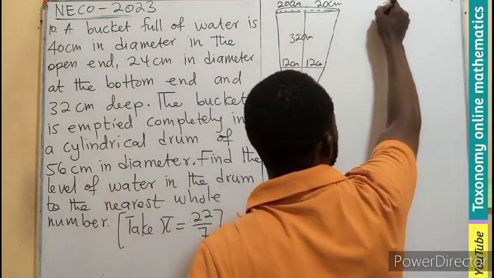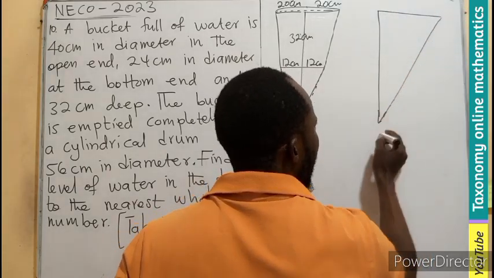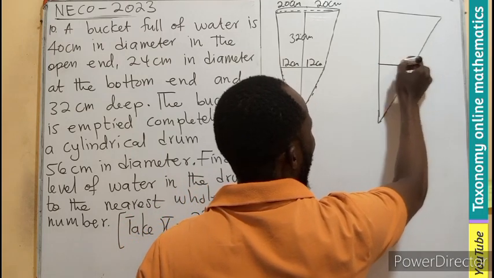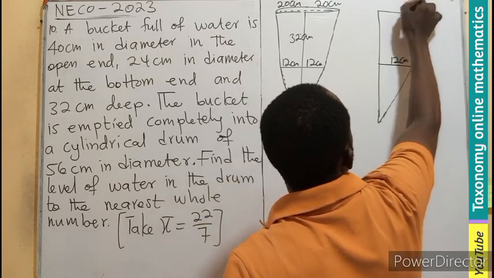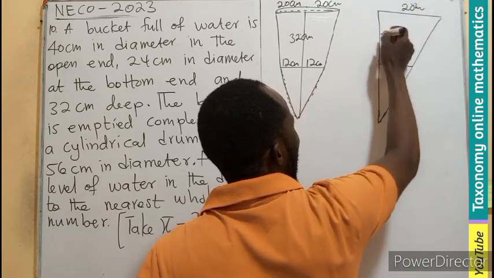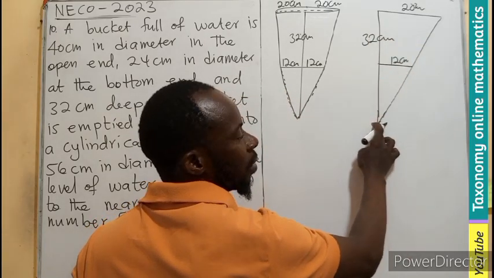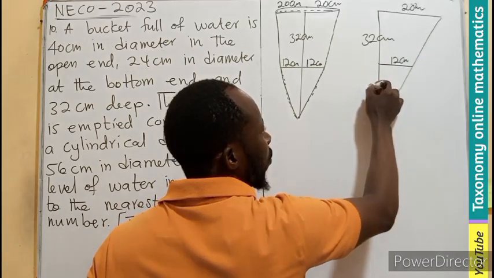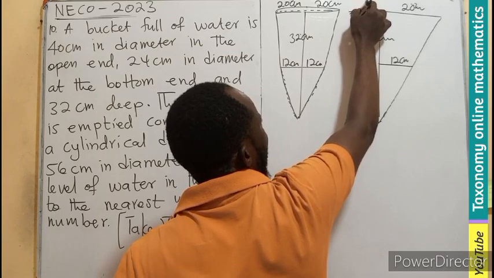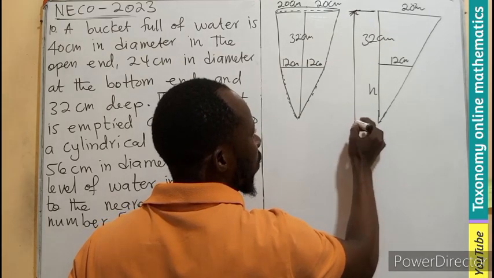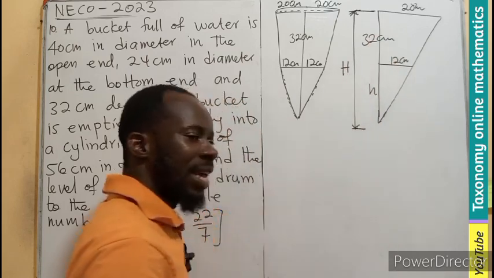It looks like a triangle where we have our 12 centimeter, this is 20 centimeter, and the height here is 32 centimeter. But the height from the apex to the bottom, we don't know. The complete height of the whole thing will be 32 plus this. Let me label that h.